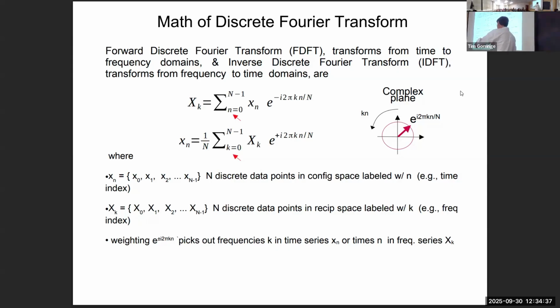We said that Fourier transforms were a transform from, say, a time domain, time series data, to a frequency domain, frequency series data.